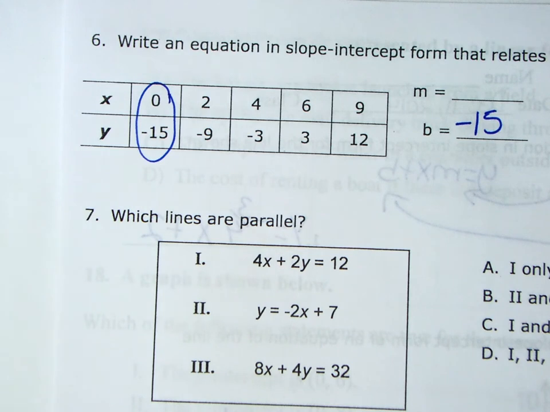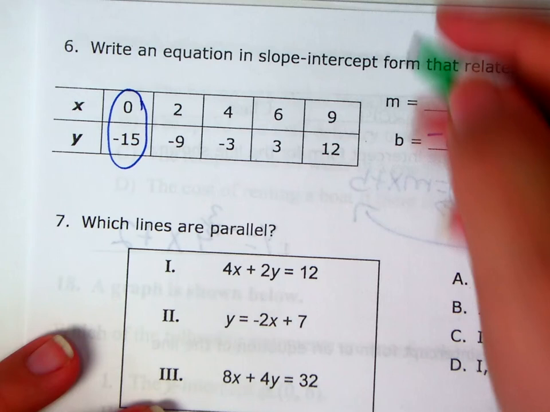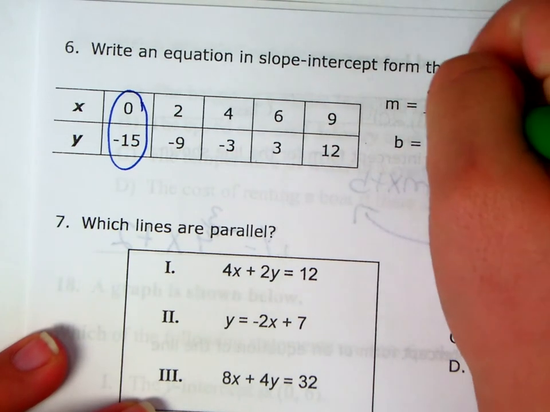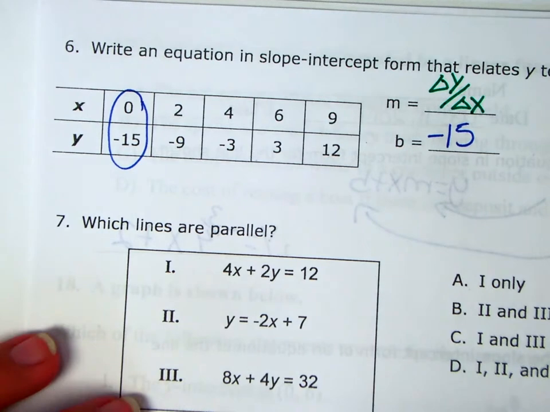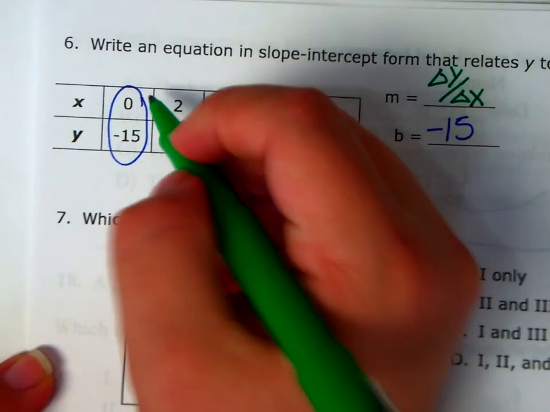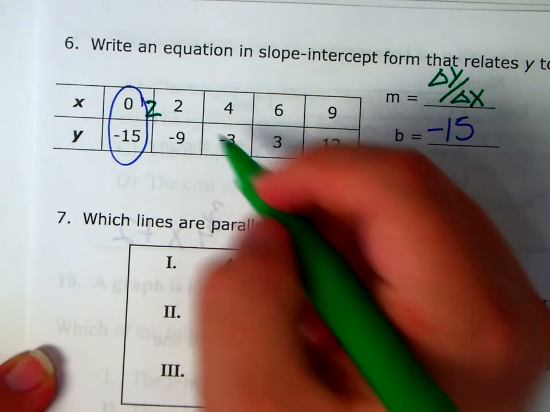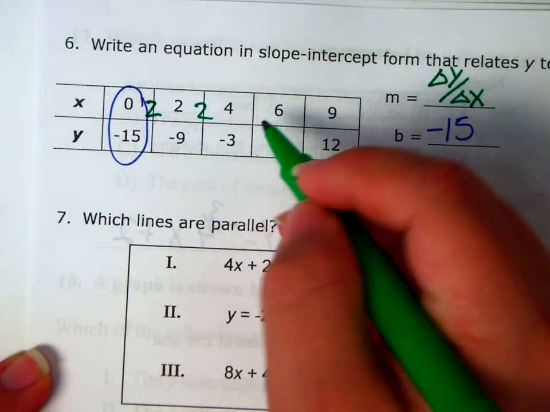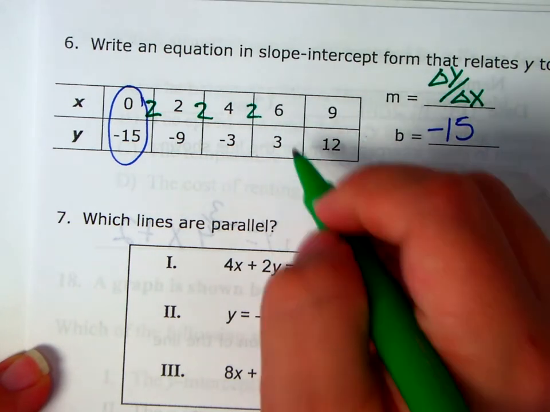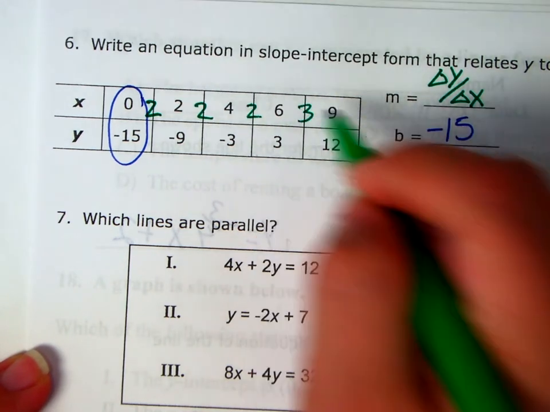In order to find it, you need to do the change in y over the change in x. So from 0 to 2, how much did it increase? 2 to 4? 4 to 6? And 6 to 9? 3. Good.